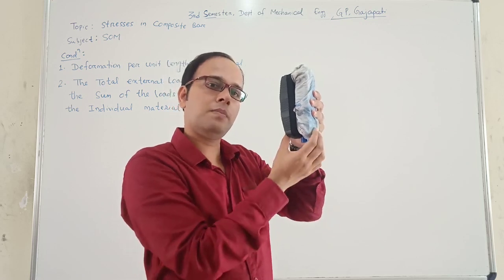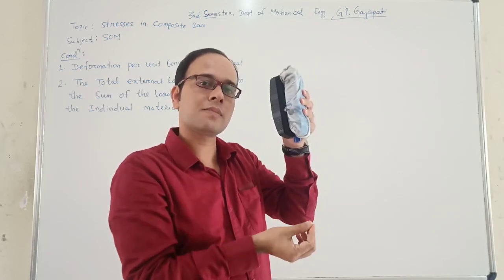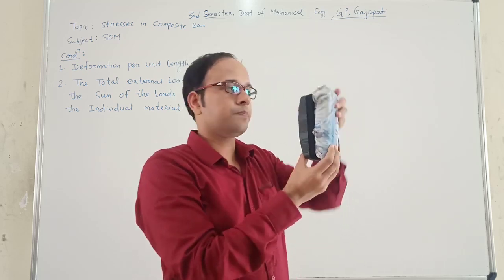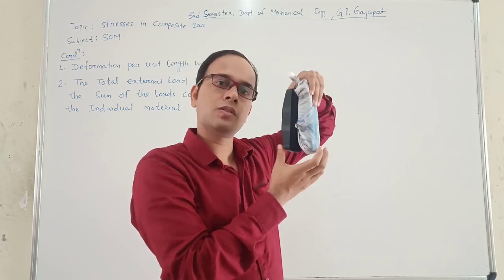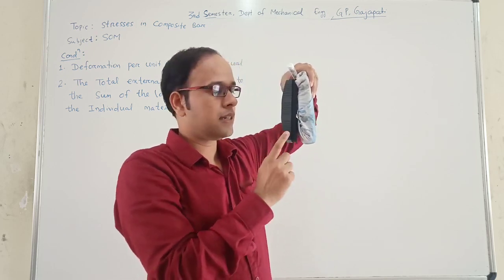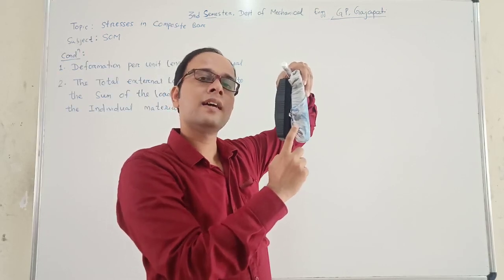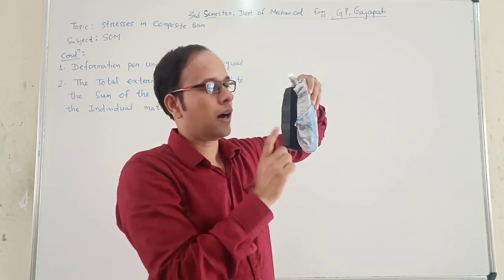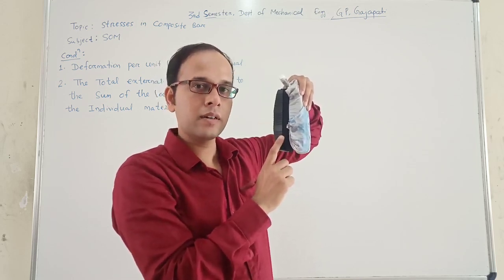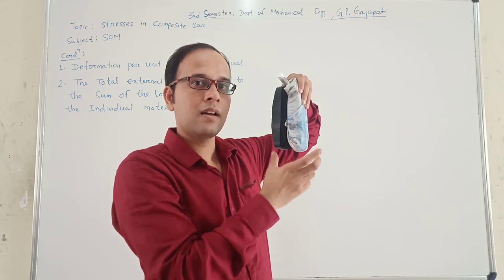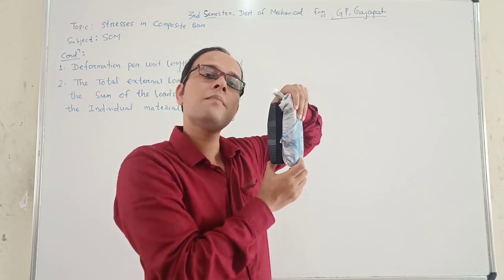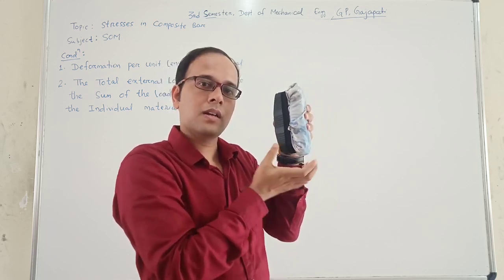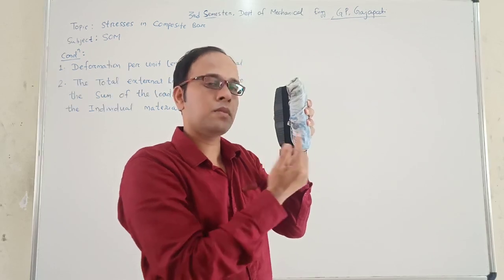Extension or contraction: if I apply a tensile load, extension will take place. If I apply a compressive load, contraction will take place. Suppose I apply tensile force, so it will elongate. Individually it will elongate 10 mm and 15 mm, as an example. But when I combine these two and call it a composite material, it will elongate the same amount, not 10 mm or 15 mm.